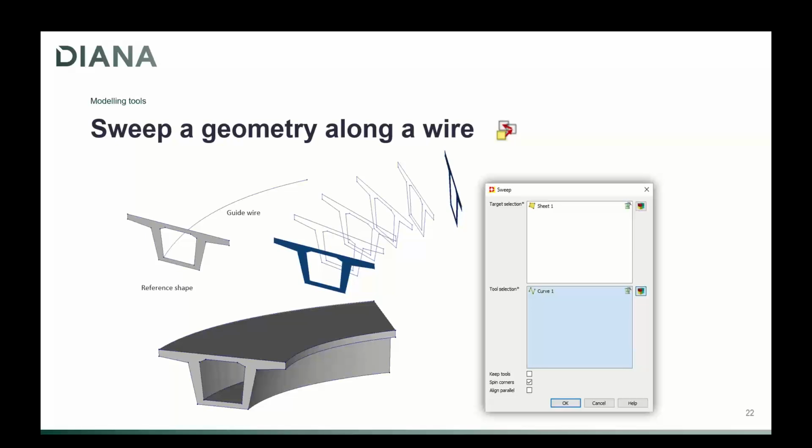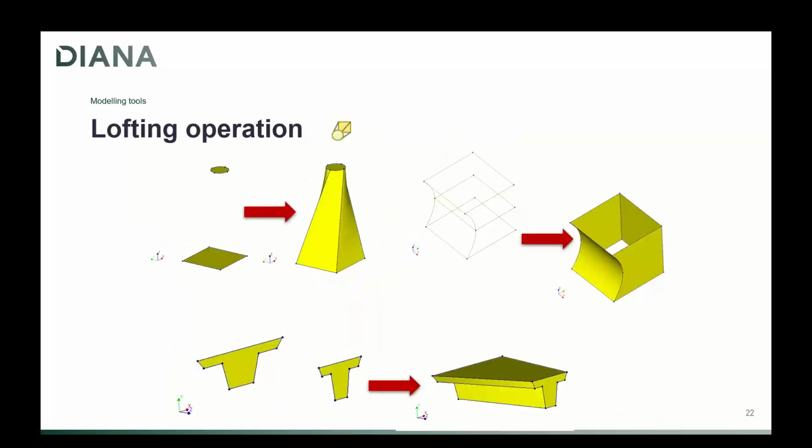We have sweep options. So, for instance, this is a nice option where from a reference shape in 2D and a guide wire curve in 2 clicks, basically you can build such a complex 3D structure. So these are powerful options.